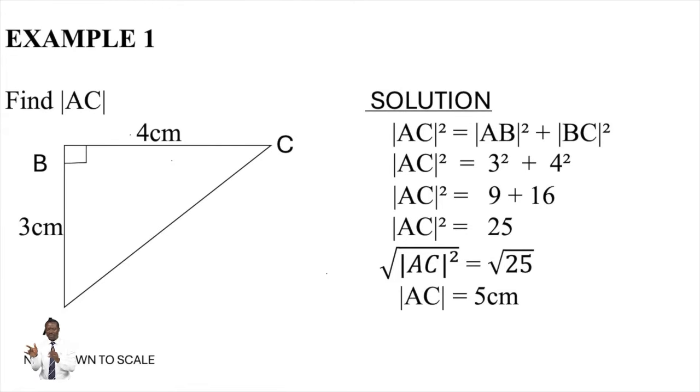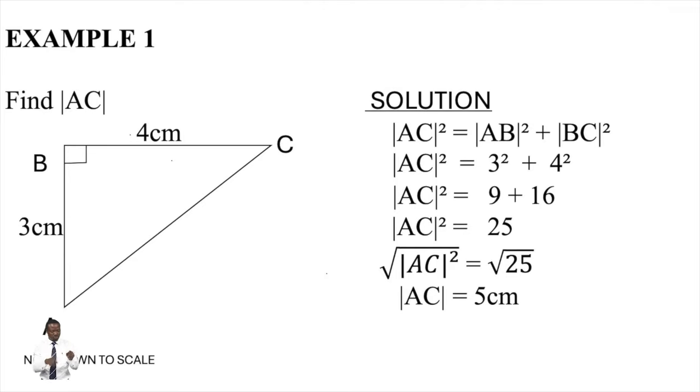We are being asked to calculate the length or the magnitude of AC, not AC squared. So to take off the square, we must introduce the square root. And in mathematics, whatever we do to the left-hand side, we do the same to the right-hand side. So we introduce the square root to both sides.